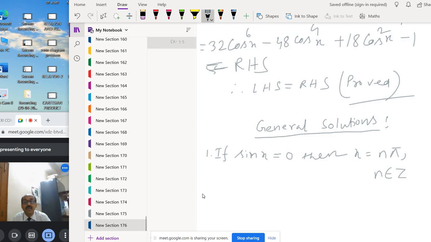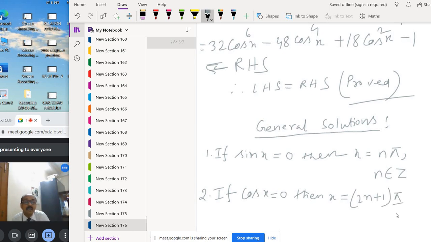Then number 2, if cos x equal to 0, then x equal to, so we know cos 90 is 0, so in general x equal to 2n plus 1 into pi by 2.